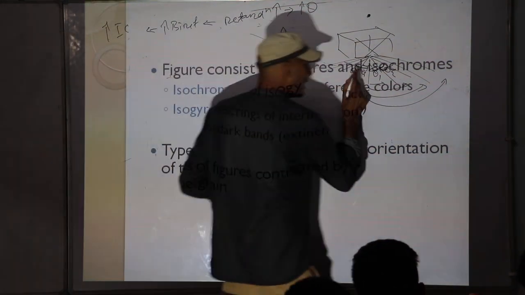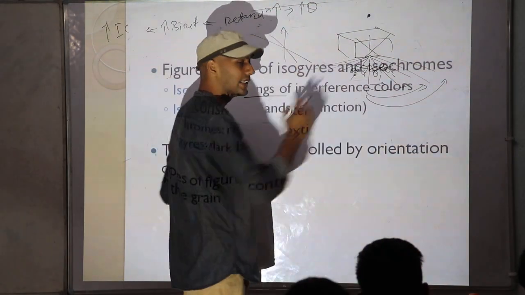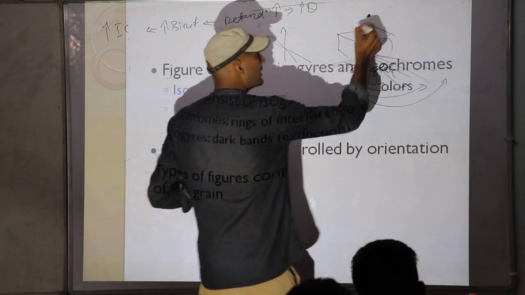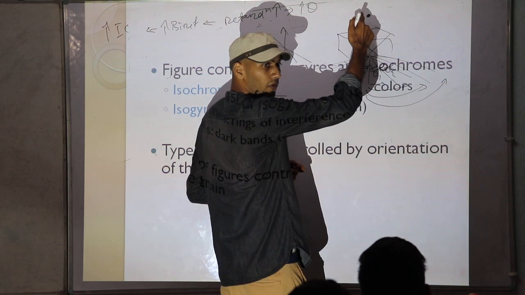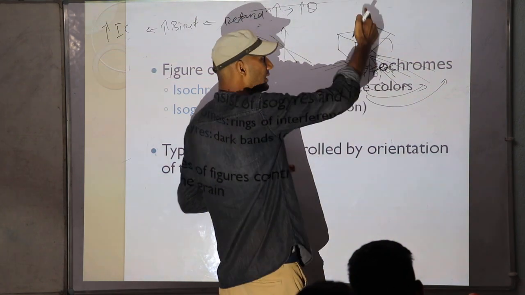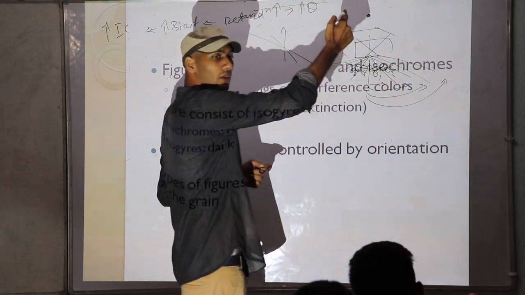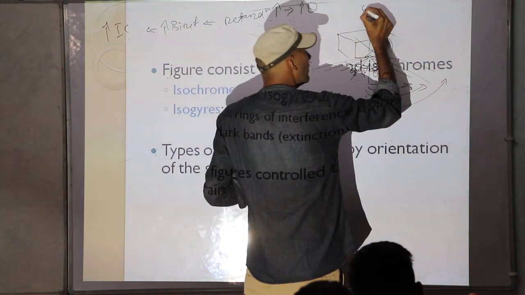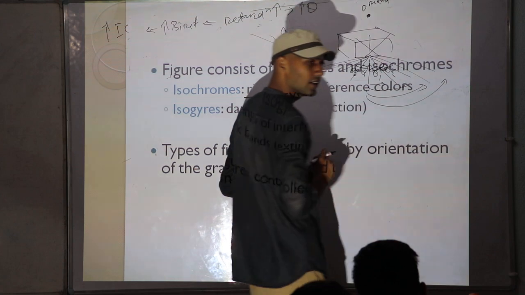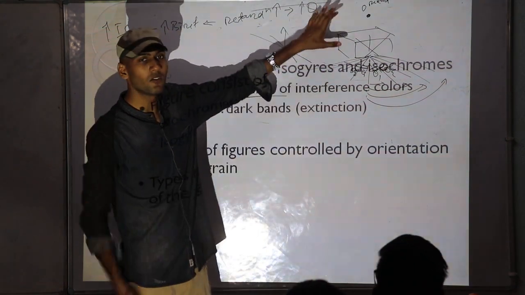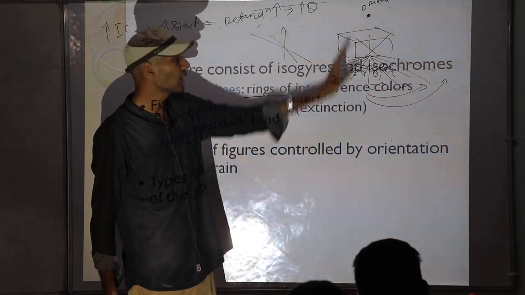So talking about the first angle, what I have told, theta 1. Okay, this center part is your zero retardation, which is passing through the optic axis. The light ray passing through the optic axis shows zero retardation. Why? Because there is no double refraction in the optic axis direction.